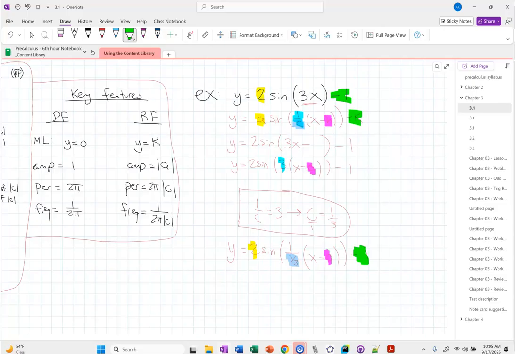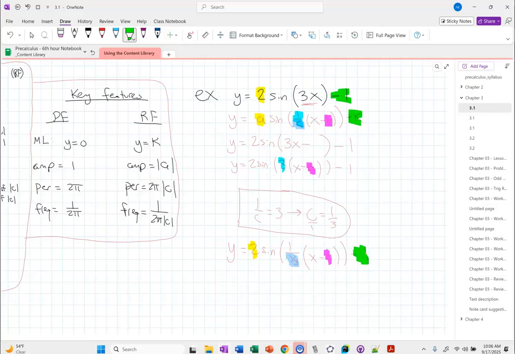So do I have to go through this rigmarole every single time? Or do I just remember that the reciprocal of the coefficient on the x is my value for c? That's the way that I remember it. It's the same way every single time. You don't have to do the algebra every single time because it's going to work the same way every time.